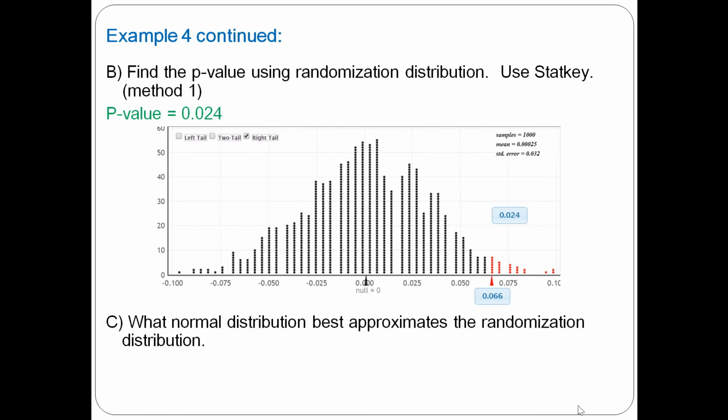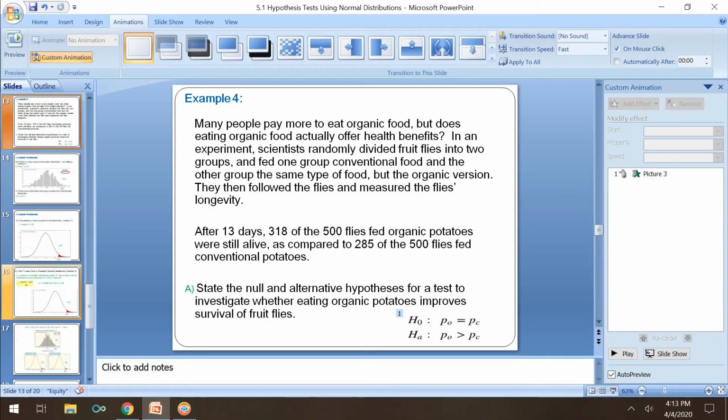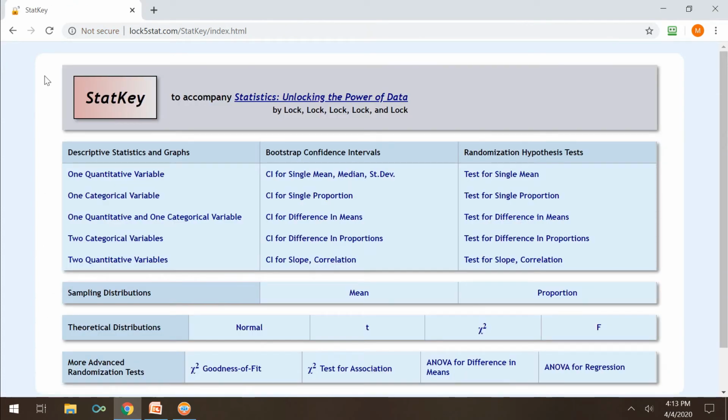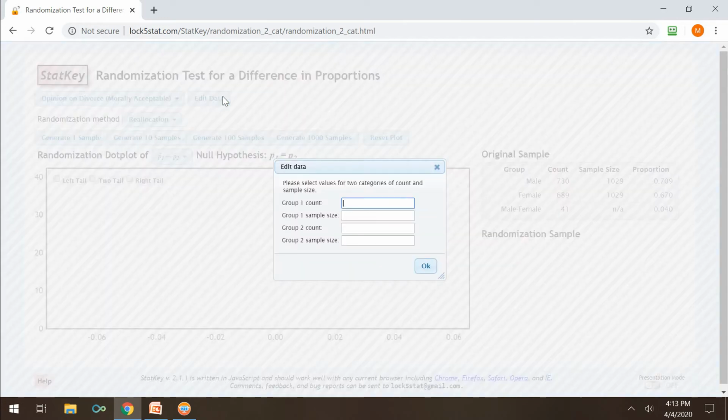Part B is asking, find the p-value using the randomization distribution. Basically, find the p-value the way you learned it in chapter 4. So let's remember those numbers. We will need them. So let's go to StatKey. The way we found the p-value in chapter 4 is we went to the randomization hypothesis test. This is difference in proportions. And we edited our data to match what we have.